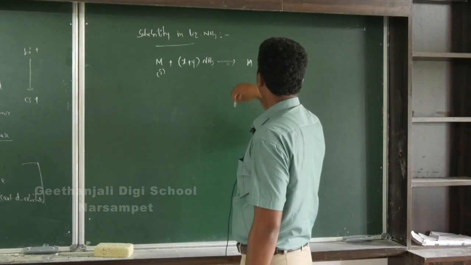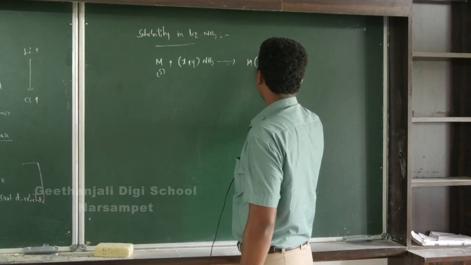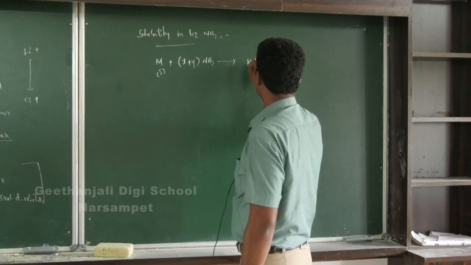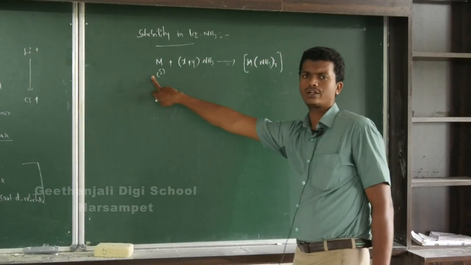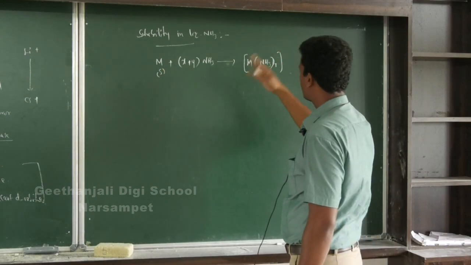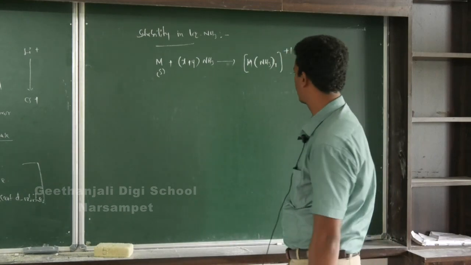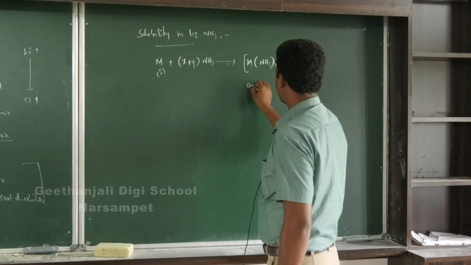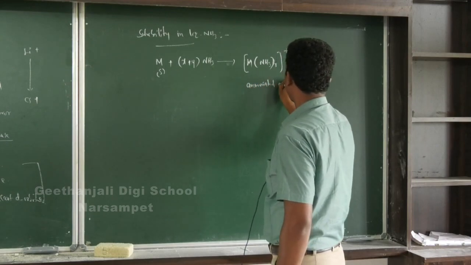The ammoniated metal ion will be M(NH3)x. As the alkali metal has one outermost electron in the last shell, it loses that electron, which is why M changes to M+. This ion is the ammoniated metal ion.